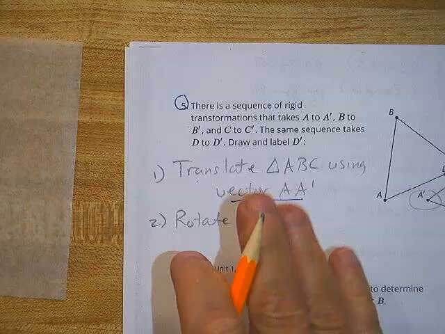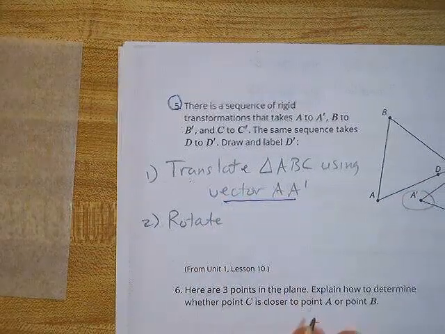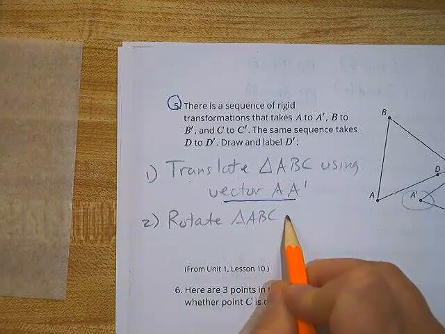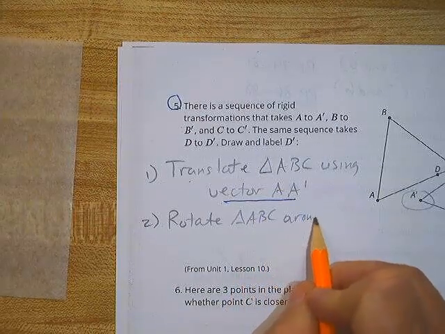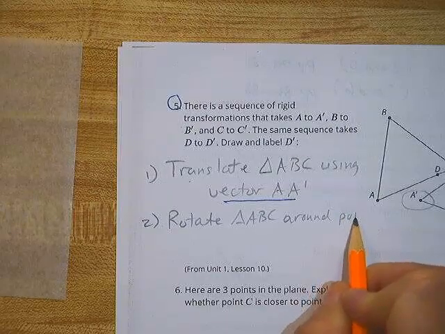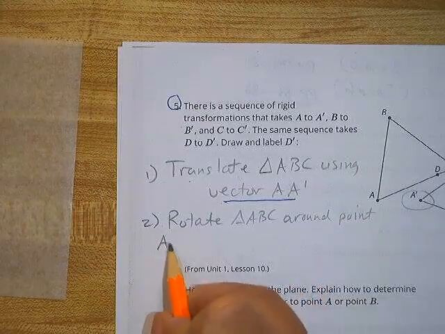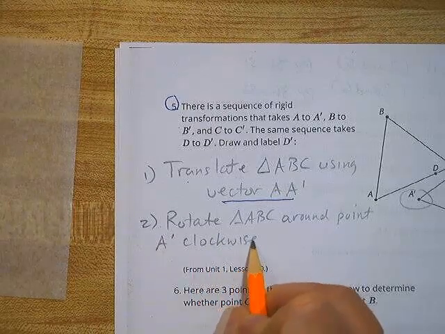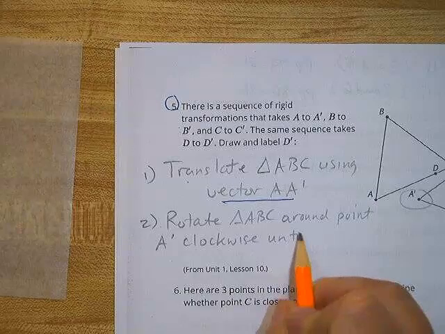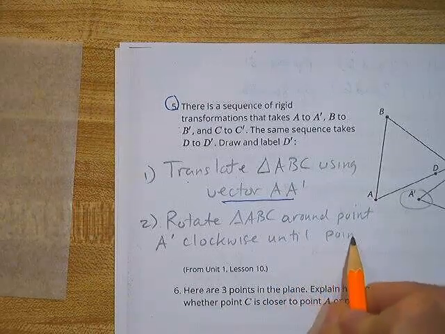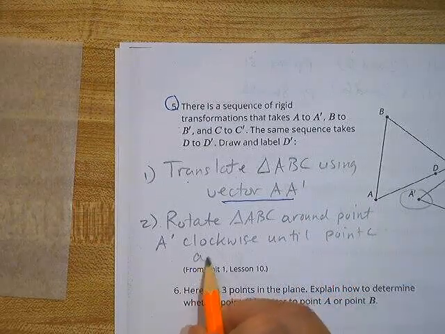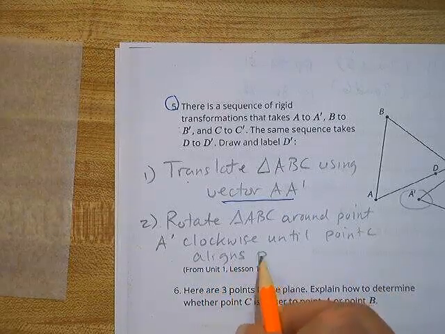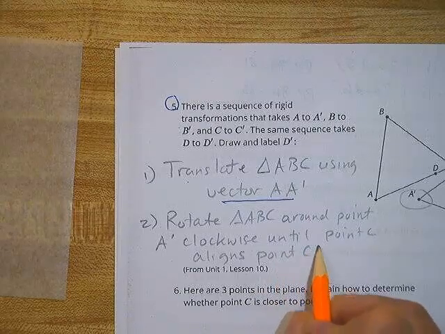That's the point where we're sliding the shape to, A prime. So we're going to rotate triangle ABC around point A prime clockwise until point C aligns or matches up with point C prime.